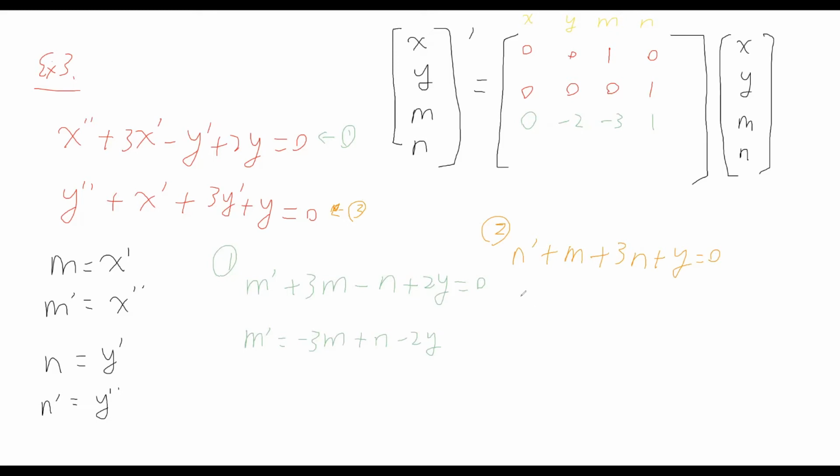Okay, and again, do the same thing, move everything and solve for n prime: negative m minus 3n minus y. Let me double check that again. Yep, looks good. All right, and again, just fill in the coefficients here. So n prime, first negative m. So on m, we have negative 1, minus 3n and minus y. Oh, not minus 1, negative 1. My bad. And then the 0 here, right?